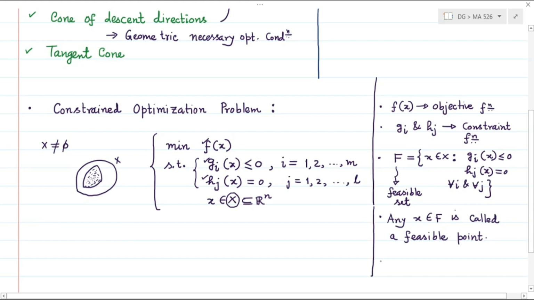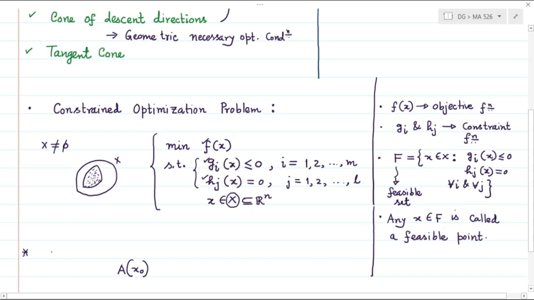And also let me define a very important set that is called the active set. This active set is the collection of all those indices at a point x0 that is feasible.